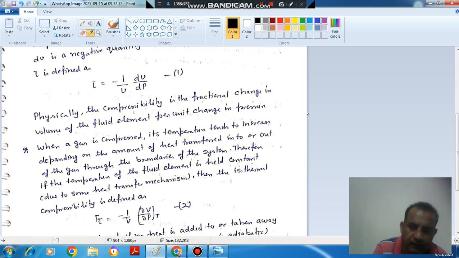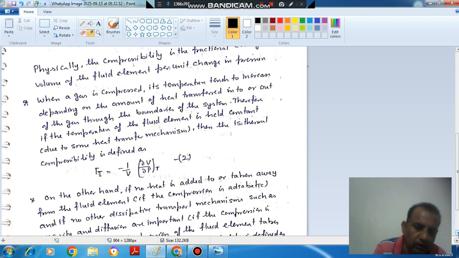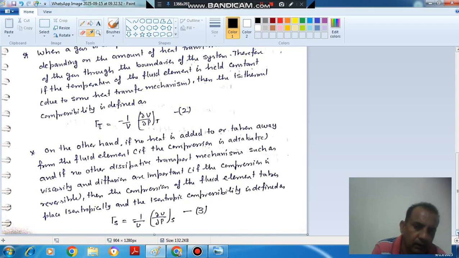When we do not allow heat to move in or out of the system, then isentropic compressibility is defined. No heat is added or taken away from the fluid element. If we do adiabatic compression, then there will be no heat taken in or out of the system.